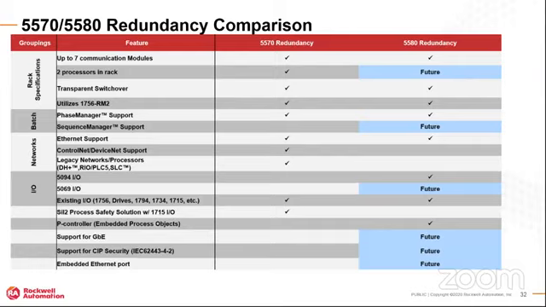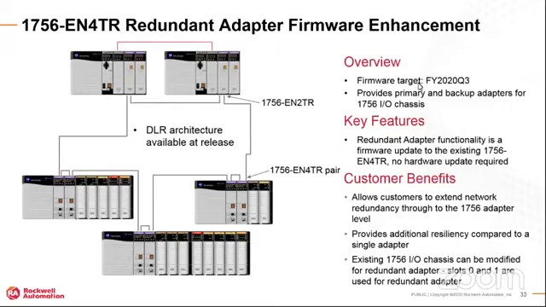So as of the first release, the architecture that we would see, this is an option for one. The initial chassis, so chassis A, chassis B for the L8, would still support the EN2TR, 2P, 2F, all of that. The EN4TR, which is the newer communication adapter, upon first release at V33 will not be supported in the redundant chassis.